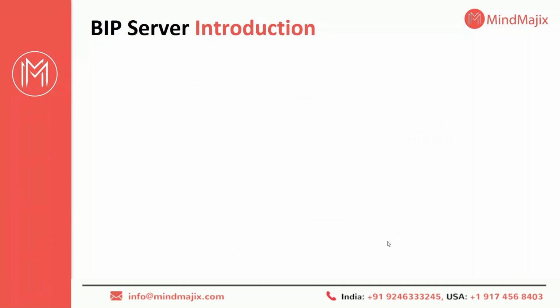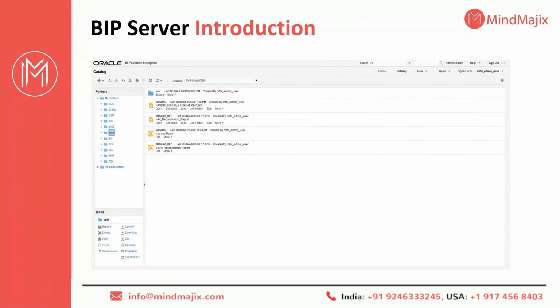Let us see what the XMLP server looks like. In this image we have put one BI Publisher server. Once you log in to the BI Publisher server, you get this particular page. Here we have the user login and logout, or sign in and sign out button, and user details. There are different kinds of users, and depending on the user roles you have different privileges to access the server.